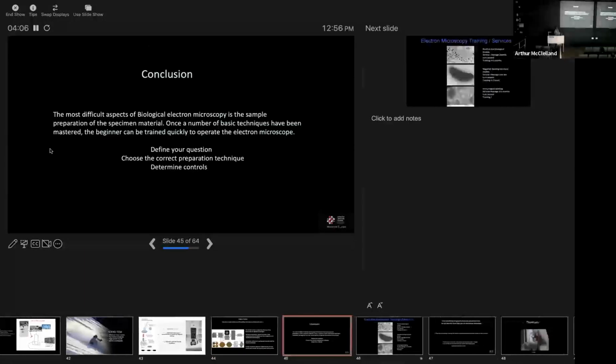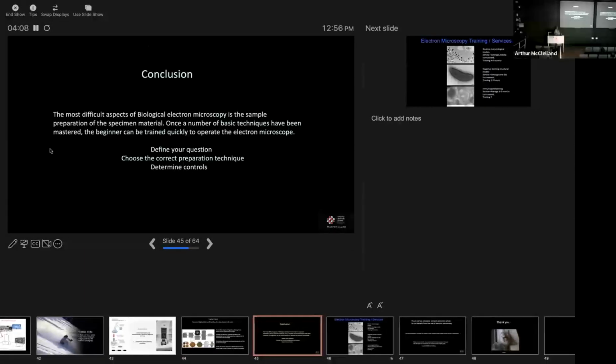So patience. All right. The most difficult aspect of biological electron microscopy is going to be the sample preparation of the specimen material. Once a number of these techniques have been mastered, the beginner can easily be trained to use the electron microscope. As we've heard in this series so far, the microscope's doing the work. You're getting your data based on interactions of materials with the beam.